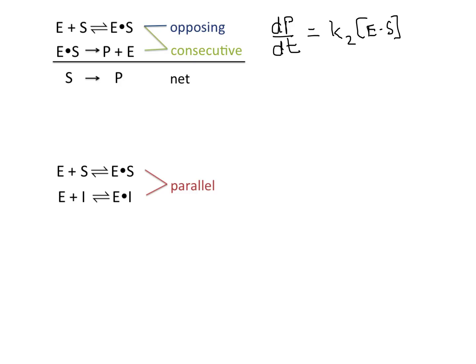On the other hand, if I want to write the rate of disappearance of the substrate, I must include not only the rate of disappearance of the substrate from the forward reaction, we'll call that rate constant K1, times the concentration of reactants, but also the rate of appearance of the substrate by the reverse reaction.